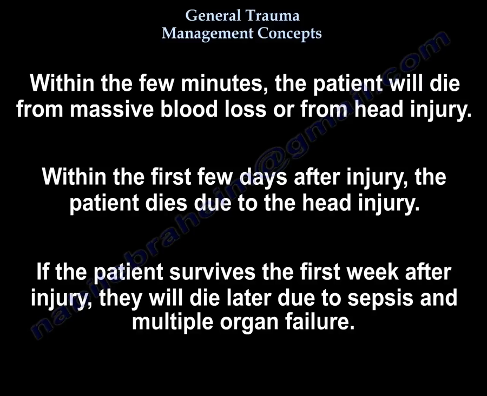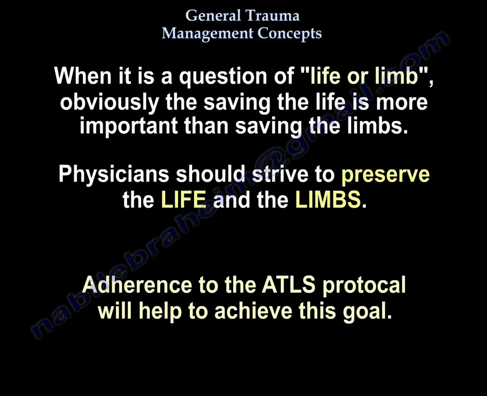If the patient survived the first week of injury, they die later on from sepsis and multiple organ failure. And the question always comes, life or limb? Obviously, life is more important than limbs. And we physicians should strive to preserve the life and the limbs. And adherence to the ATLS protocol will probably help that.